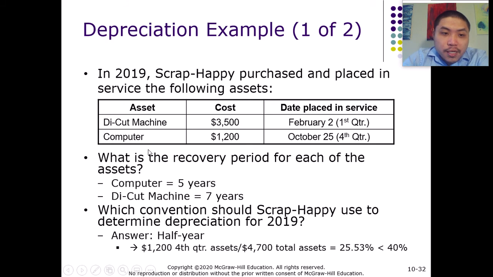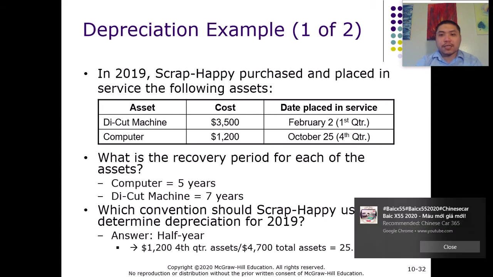And then the second asset that they acquired this year was a computer, which cost them $1,200, and this computer was put into service on October 25th, which is in the fourth quarter, right? So we know that for the machine the recovery period is 7 years, and for the computer the recovery period is 5 years. Based on that, we can select the right rate.